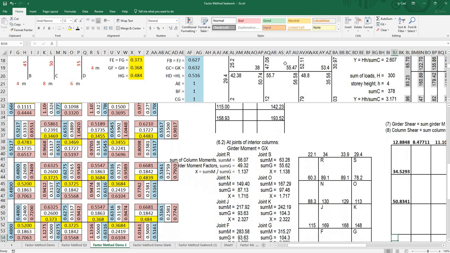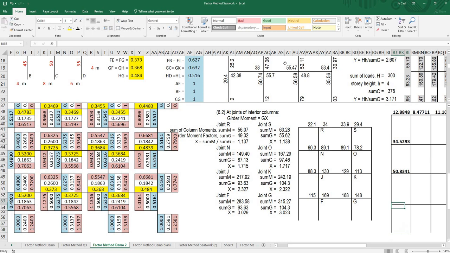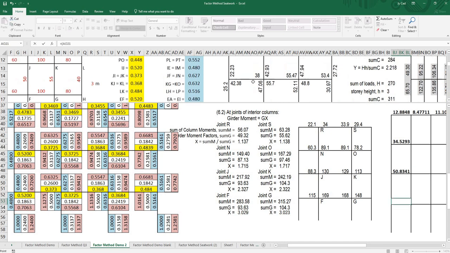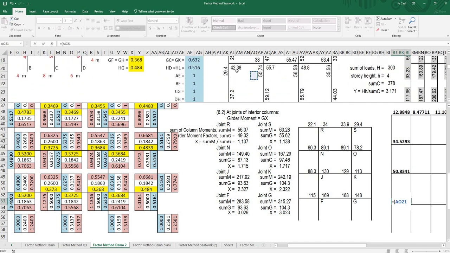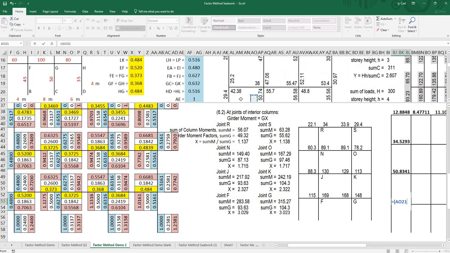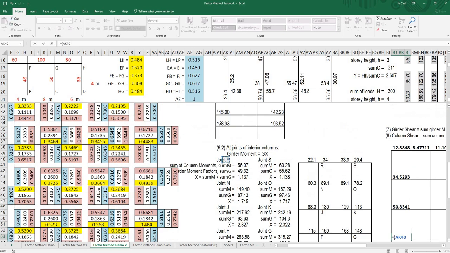And finally, this is equal to, open parenthesis, 6.1 pala, no? Yan, 158.93, muntik na ako ron, plus 115 divided by 4.